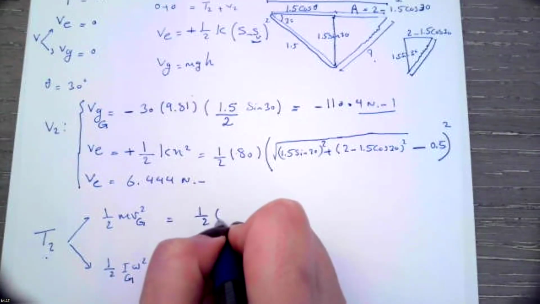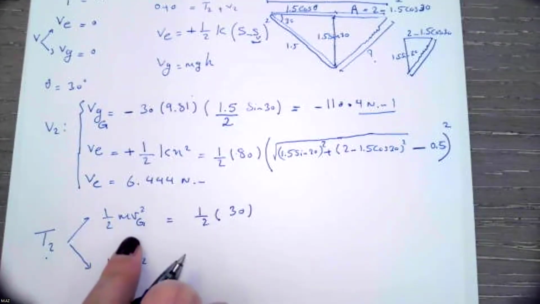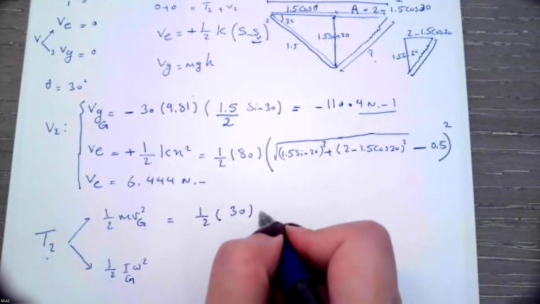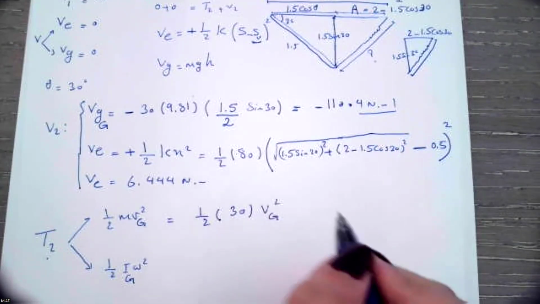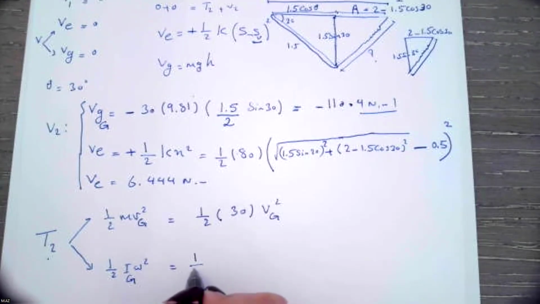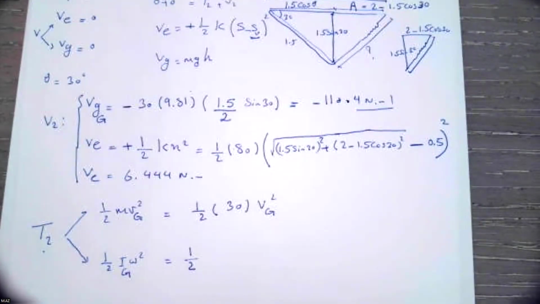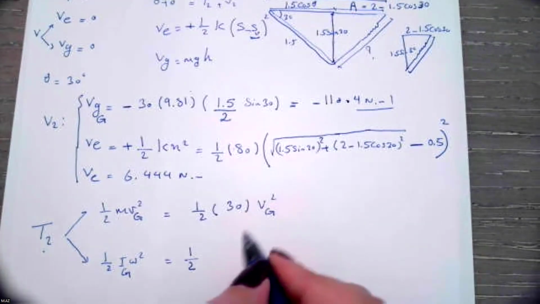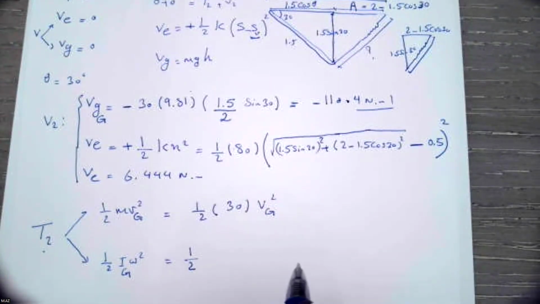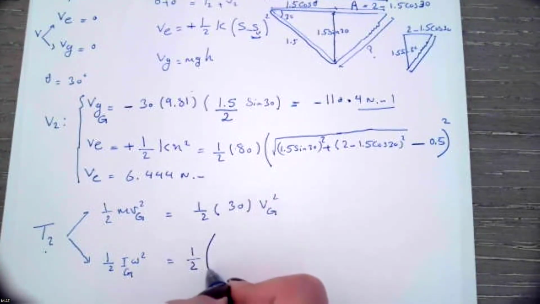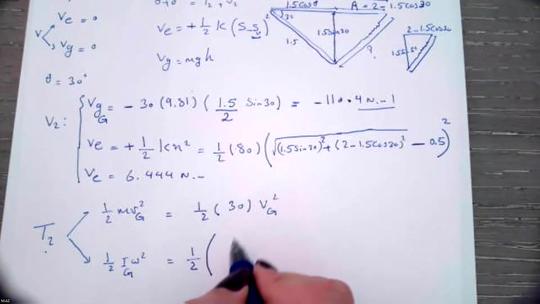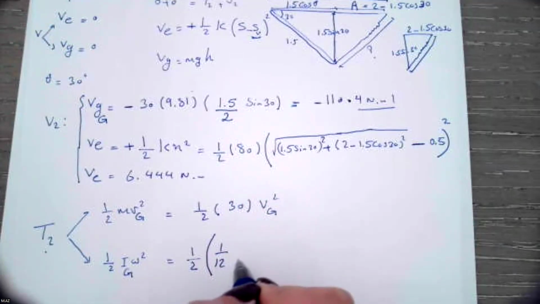The mass of the rod is 30. How about the velocity? It is the velocity at the center of mass of the rod. The moment of inertia for the rod is found based on this equation. During exams and quizzes, I will give you the equations or the exact value of the moment of inertia. This is the equation for finding the moment of inertia for a rod.